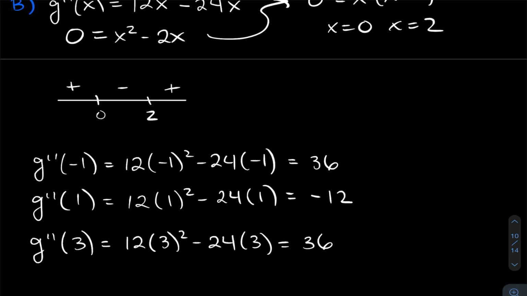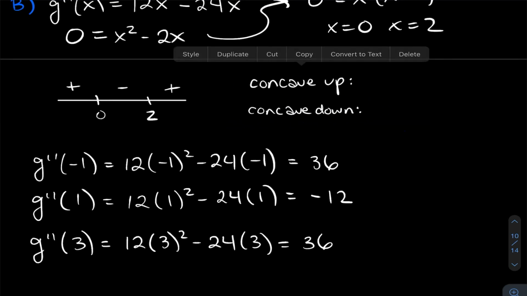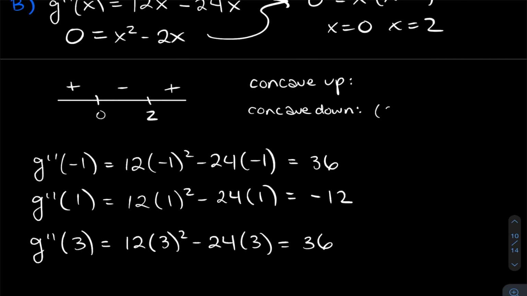And so now we can already say where this thing's concave up and concave down. And we can also say where our inflection points are. First off, we know this thing's only concave down between 0 and 2. Again, we're not going to include our endpoints here because at 0 and 2, we don't have a second derivative being negative or positive.